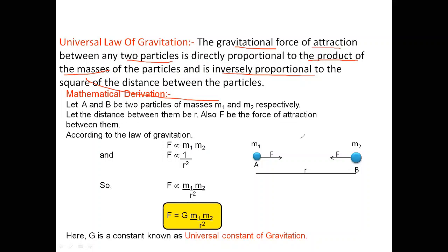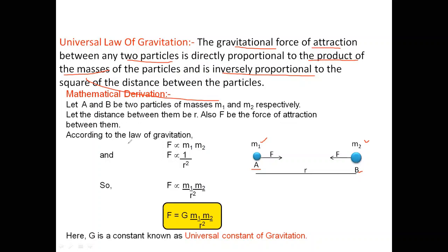Here we consider two objects whose masses are m1 and m2. The masses of the objects are different. Let the first object be A and the second object be B, and the distance between them is small r.